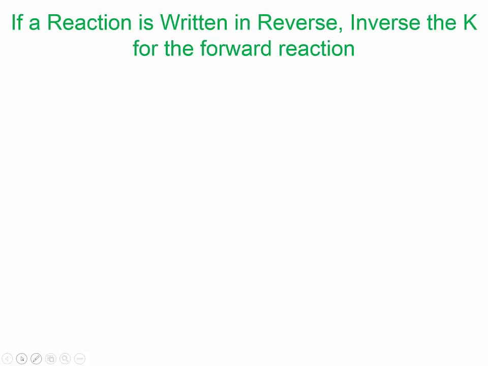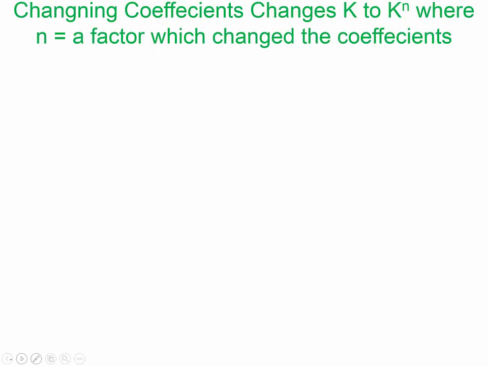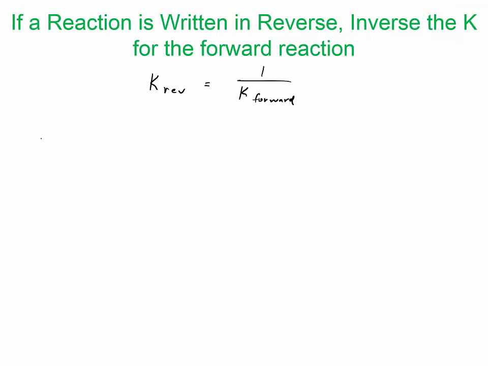If a reaction is written in reverse, you invert the K for the forward reaction. So in other words, K reverse equals 1 over K forward. Okay, so here's the example. If we have N2O4 makes 2 moles of NO2, and K for this reaction is 0.212.